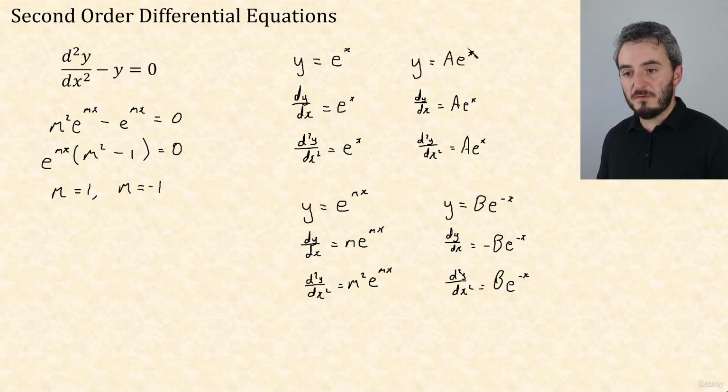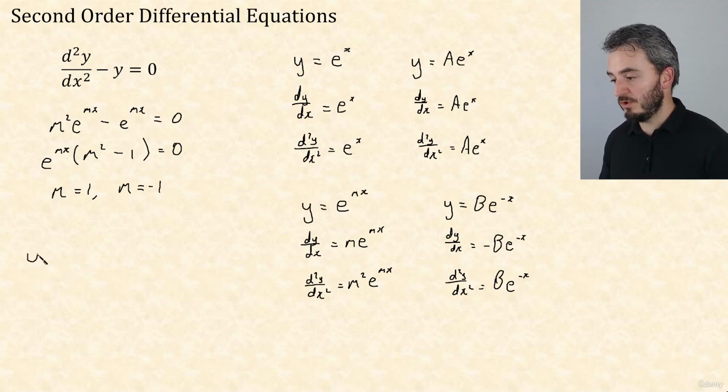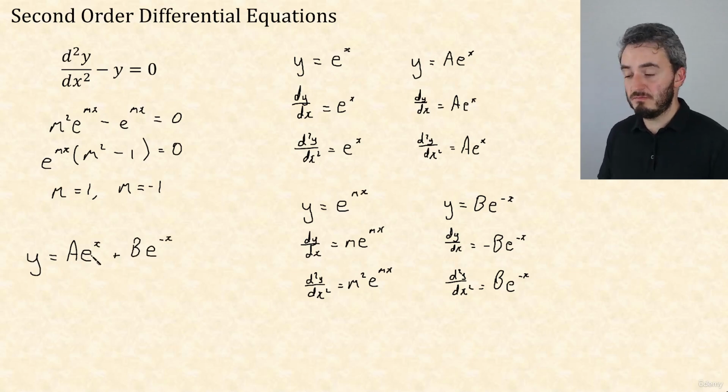So we can have any amount of e to the x, and we can have any amount of e to the minus x. And what this means is our general solution to this differential equation is a e to the x plus b e to the minus x.